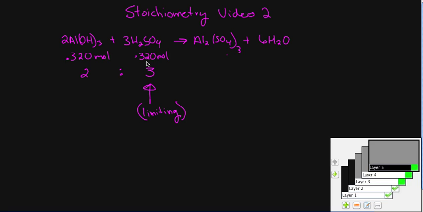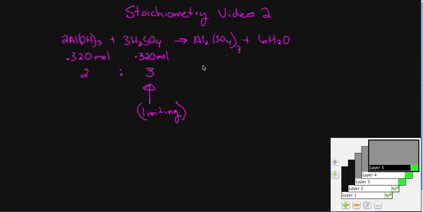Once you figure out the limiting, and that's simply looking at the amount of moles, you have to get everything to moles. So if we'd started with grams, we would have wanted to convert these to moles. But once you get into moles, you look at the ratios, and the one that runs out first because of the ratios is the limiting. The reason it's limiting is because this is going to run out first, and it's going to leave some of this left over because this has too much.